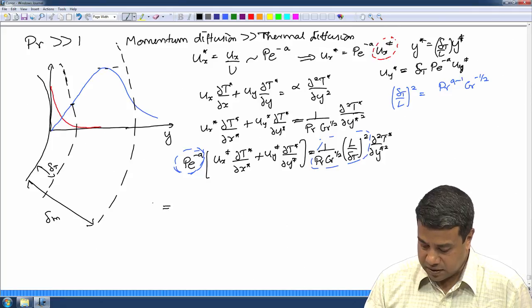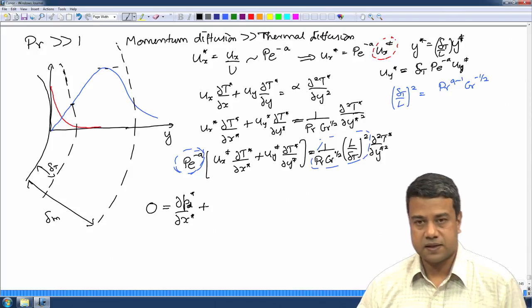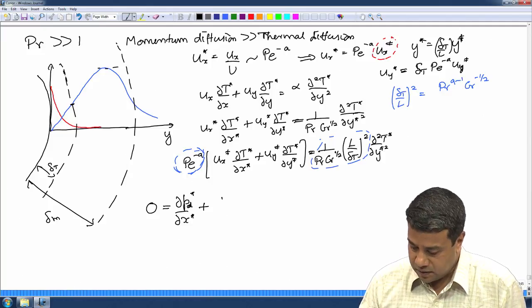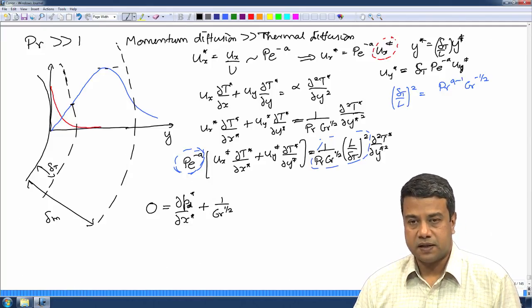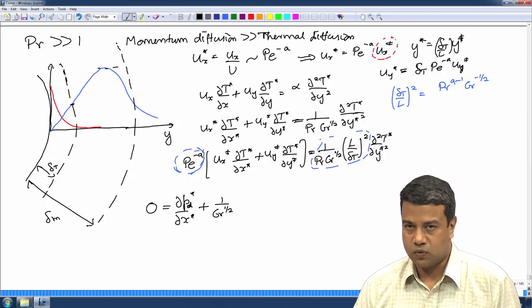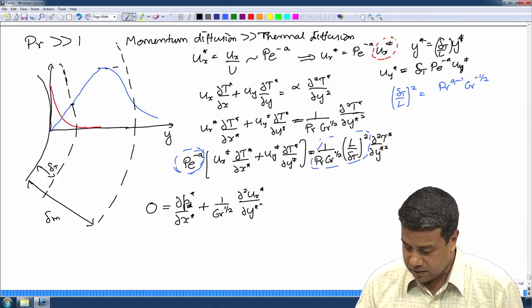In dimensionless form, this was written as partial P, dynamic pressure, by partial x plus 1 by Grashof number to the half, once again retaining only the cross stream diffusion of momentum, neglecting the streamwise diffusion of momentum, partial square ux star by partial y star square.